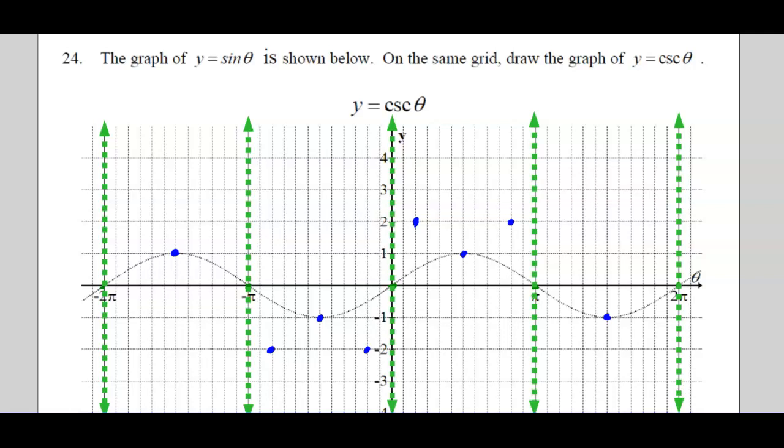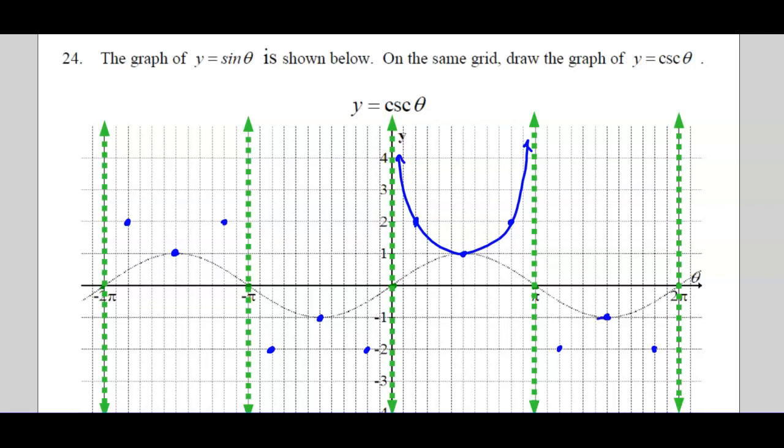We could get more specific in some of those points, but I'm just going to leave it like that for now. So we need to join these up. These are asymptotes. So basically, it's going to look something like that.